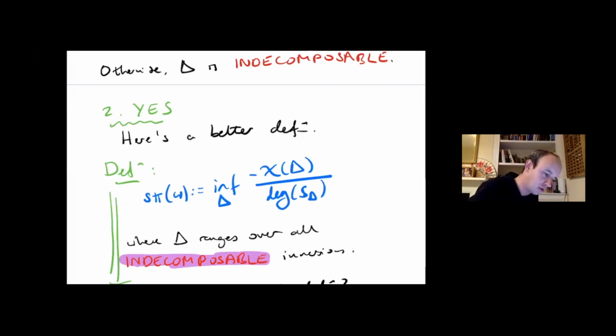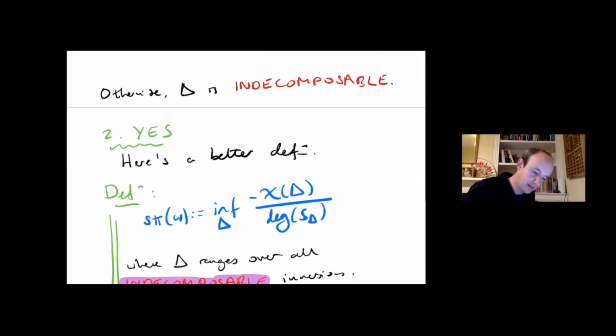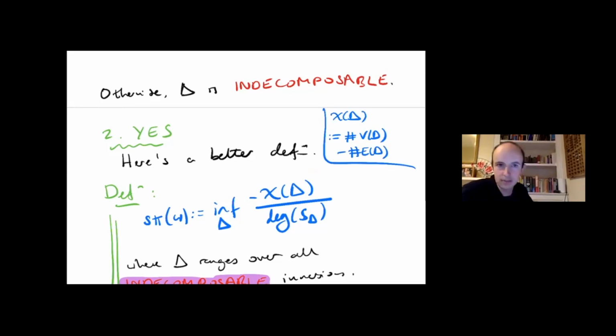Let me just remind you that the Euler characteristic of delta, where delta is now a graph, is going to be the number of vertices of delta minus the number of edges of delta. That's the definition of the Euler characteristic of a graph.